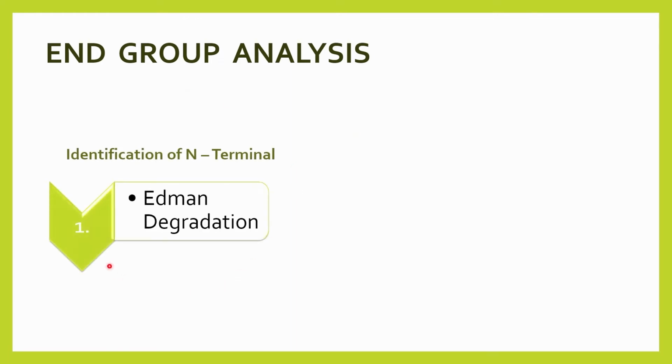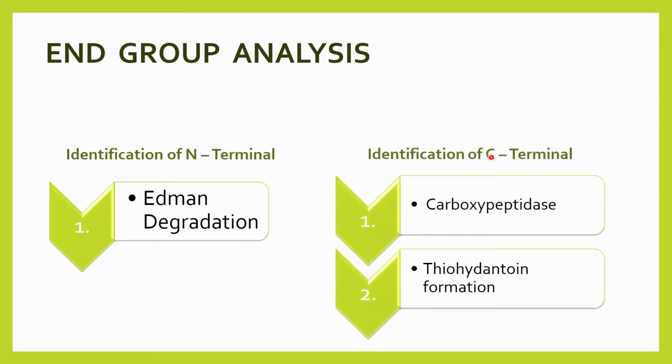If we want to identify the N-terminal, we'll do it by a method called Edman degradation. And if we want to identify the C-terminal, which is the COOH group of the amino acid, we do it by two methods: the carboxypeptidase enzyme, and the second is thiohydantoin formation.